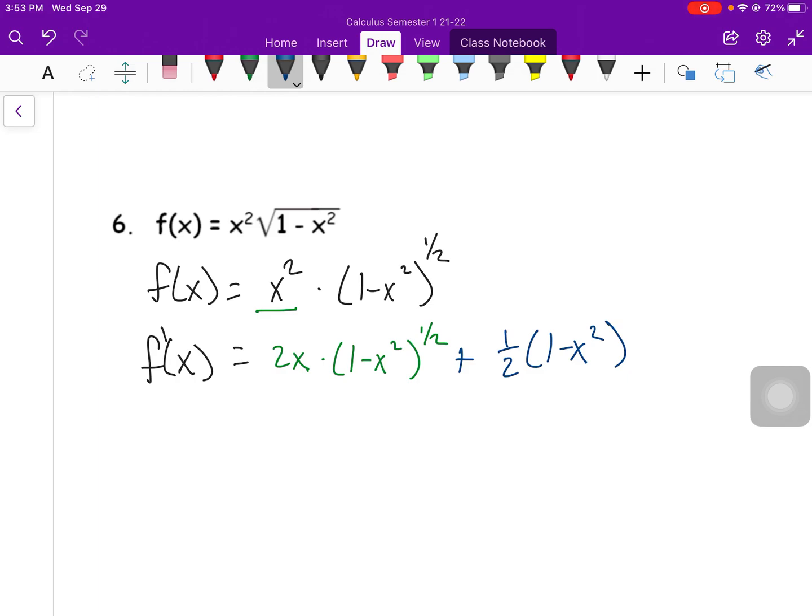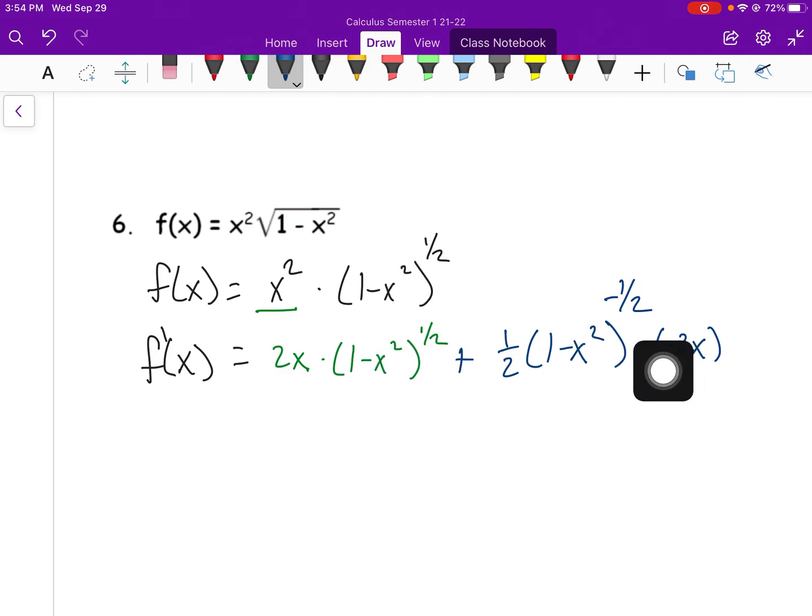Now that's the part where it's going to be a little bit trickier, because that derivative of the second piece is not just what I have written in blue, which is something that people frequently want to do. That's the derivative of that outside function, but we still need to multiply by the derivative of the inside function, which is going to be, in this case, negative 2x from this minus x squared piece.